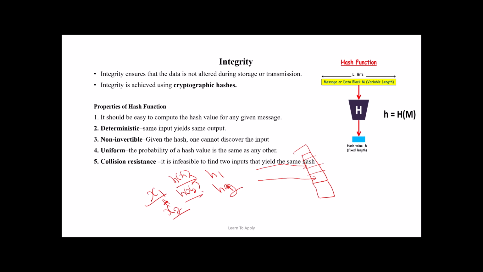So all in all, what a hash function does, it takes variable size input. If you look at here, it takes variable size input and you feed it into this hash function. This could be any hash function. There are multiple hash functions: MD4, MD5, SHA1, SHA2, SHA256, KECCAK256.